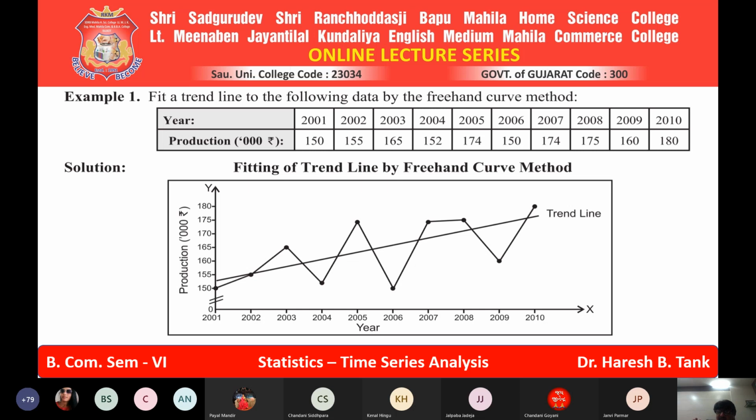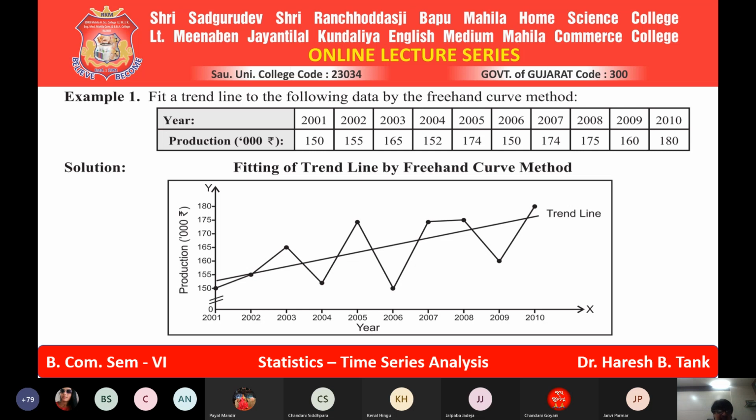Is it fine? Okay. There is a second possibility. It can go from the left hand side upper corner to the right hand side down corner. Then your trend line will be in exactly a reverse form, and you can observe that your trend is downward.